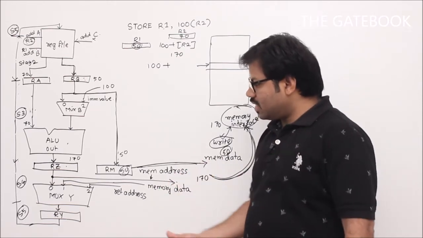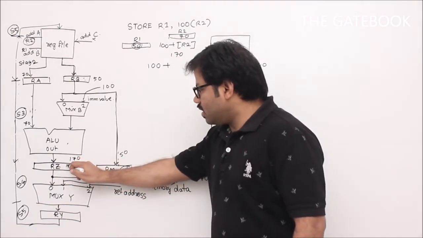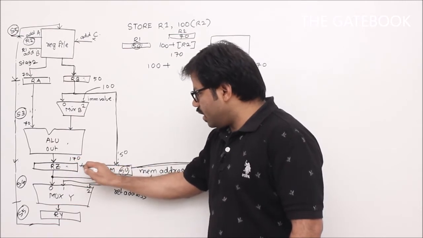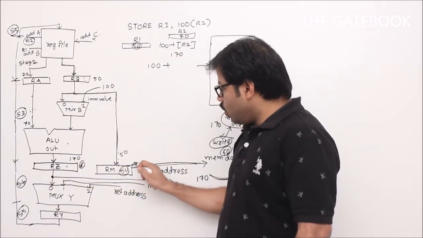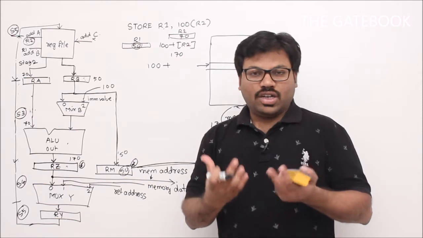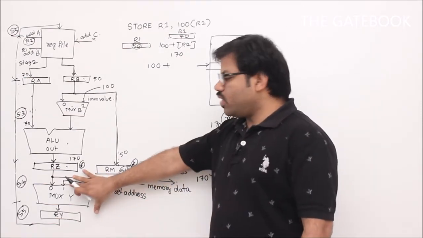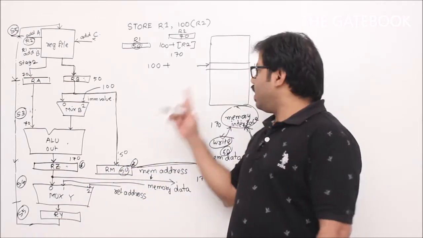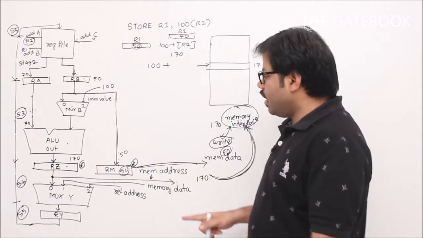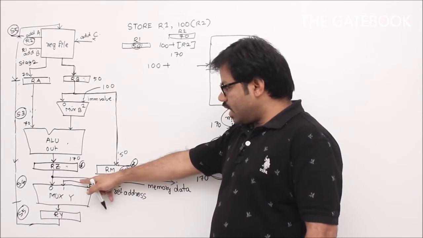Now we can easily understand that in this stage, these temporary registers are specially designed to hold the values which are required for that stage. What is the job of this stage? Stage number 4, writing into the memory, correct? So that's why we are writing into the memory in stage number 4.